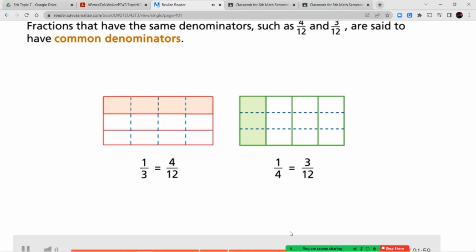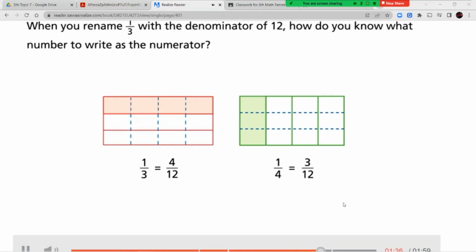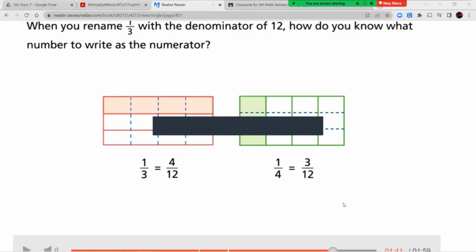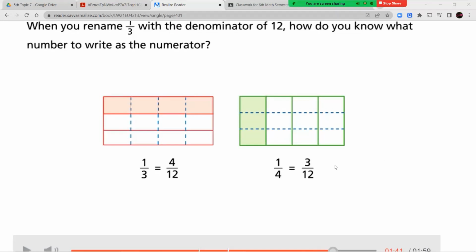When you rename 1/3 with the denominator of 12, how do you know what number to write as the numerator? Okay, so here this takes us back to when we were finding equivalent fractions. So after you've decided that your common denominator is going to be 12, because 12 is a multiple that's shared by 3 and 4, how do you know what to do with your numerator?